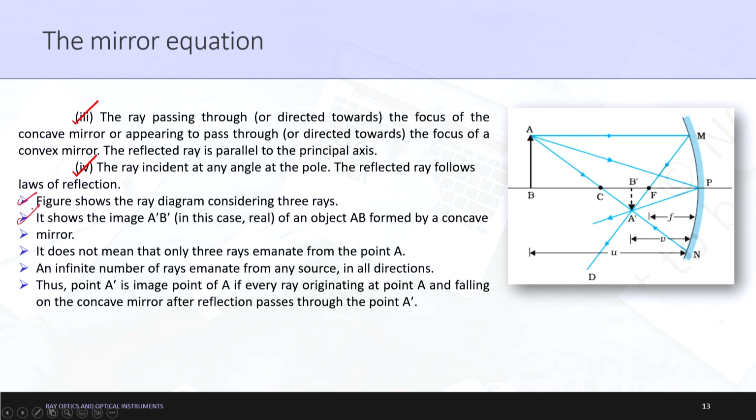Next is, it does not mean that only 3 rays emanate from the point A. Quite evident, there can be many rays which are emanating from this portion, but they are reaching the same location, which is point A. Okay. An infinite number of rays emanate from any source in all directions, but for geometric purposes these 4 rays are easy to understand, they are easy to make up.